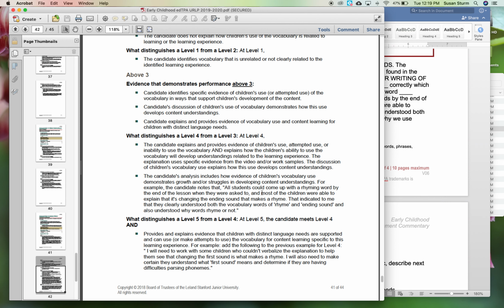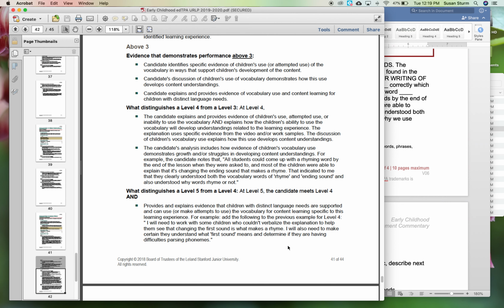And this one is how you are meeting students with distinct learning needs, how you're meeting their needs. I will work with some children who couldn't verbalize the explanation to help them see that changing the first sound.